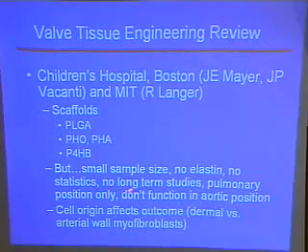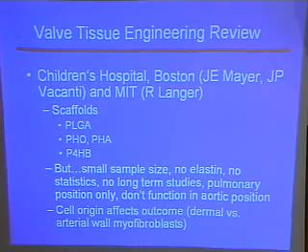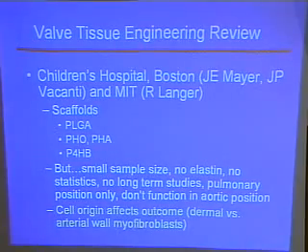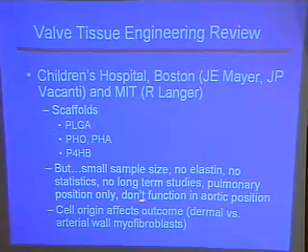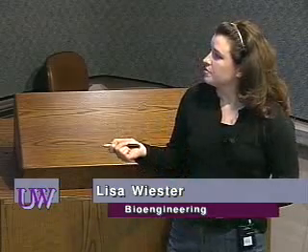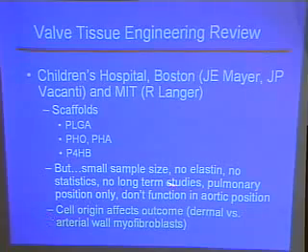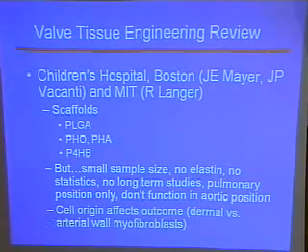They offer no statistics, no long-term studies, and their valves only operate in the pulmonary position when implanted in sheep, and don't function in the aortic position, which has higher pressures. But one interesting outcome of their work was that they determined that cell origin affects the outcome and final function of the tissue engineered valves.